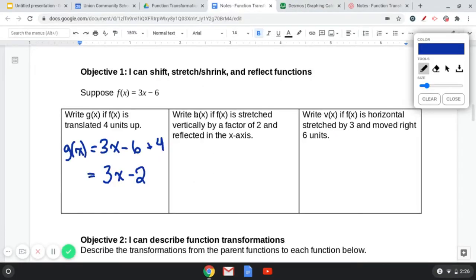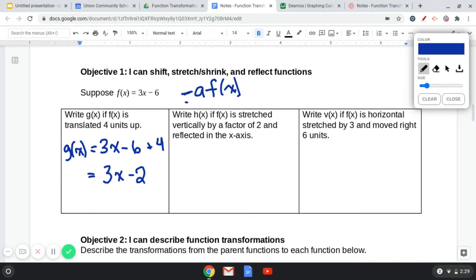All right, next one. Write h of x if f of x is stretched vertically by a factor of 2 and reflected in the x-axis. An important thing to remember with vertically stretching or shrinking and reflecting in the x-axis, our rules are, okay, I'm just going to combine them. So our new function would be negative a times f of x.